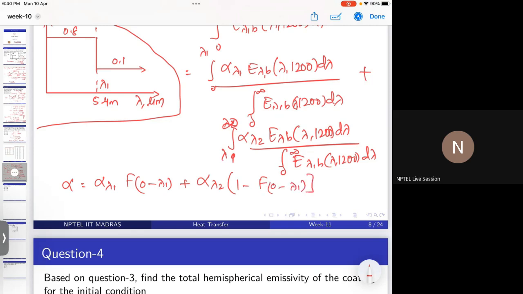So basically what you have to find out is f from 0 to lambda 1. Lambda 1 is 5 micrometer, so lambda 1 T is 5 into 1200, which is around 6000 micrometer Kelvin. Can you find out this value?